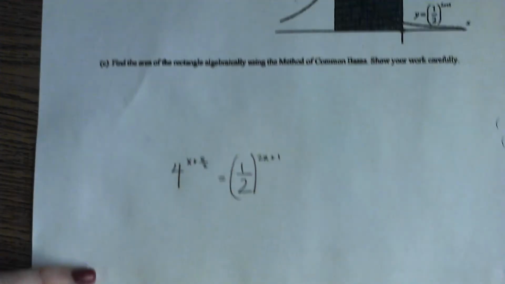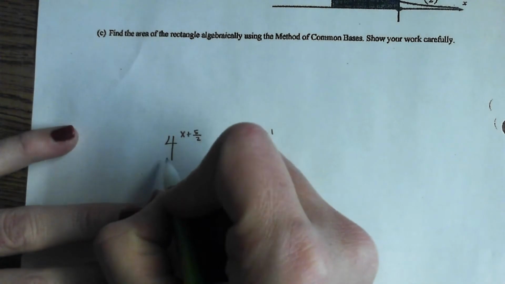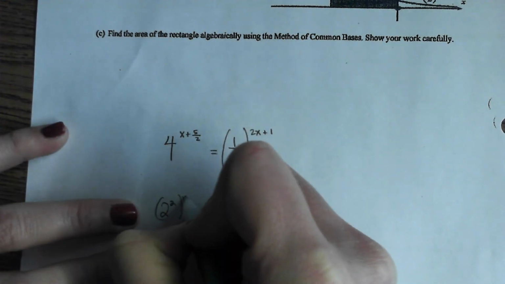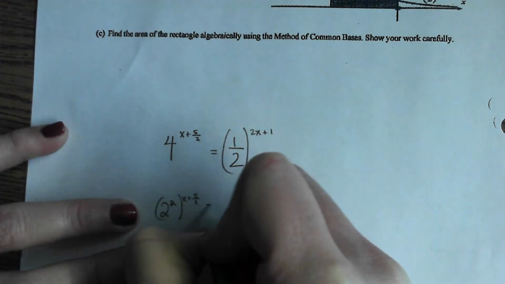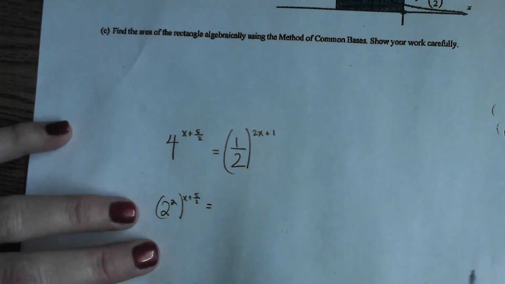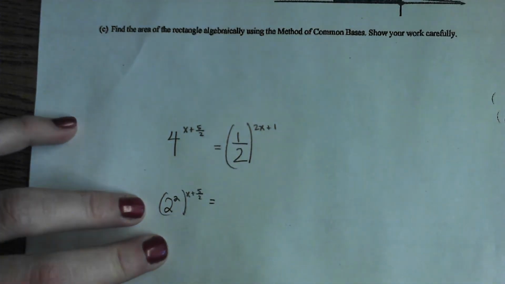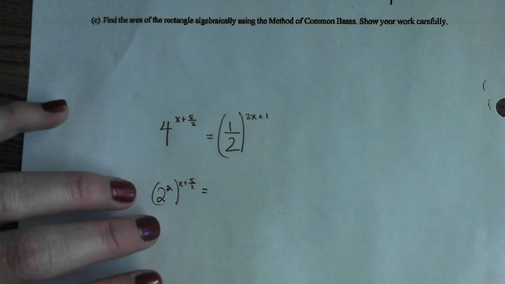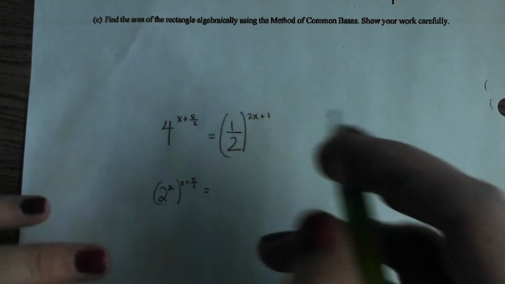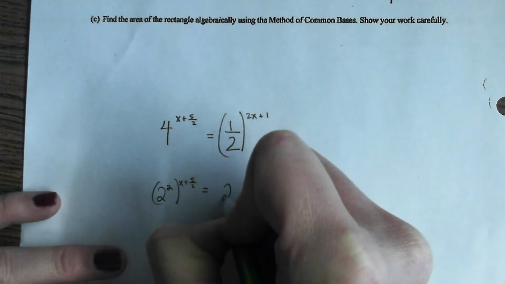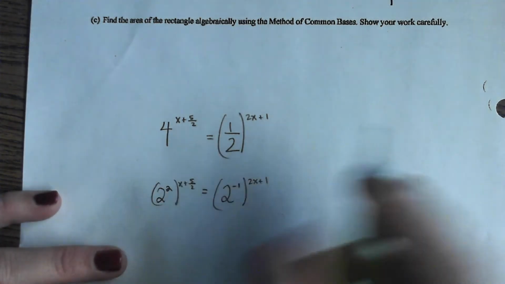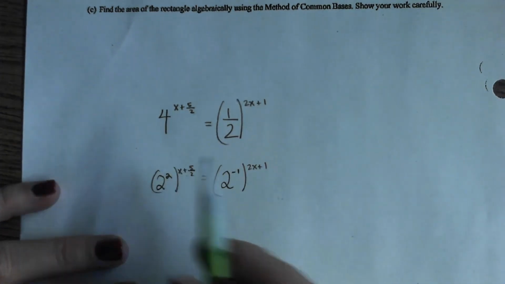Alexa, how do I rewrite 4? And how do I rewrite 1/2? Did you already say that? Or no? Okay, Kate, how do you rewrite 1/2? 2 to the negative first. Very good. Power to power rule means do what, Owen?